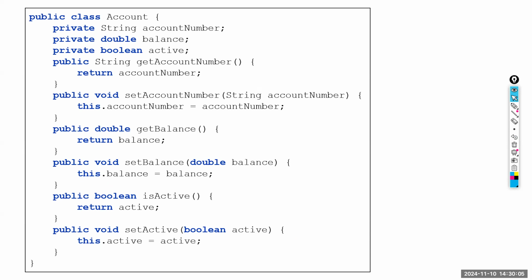Each attribute has a getter and setter. It's not a must to write your getters and setters, but depending on your requirement, you can write getter and setter. Then it is a JavaBean.